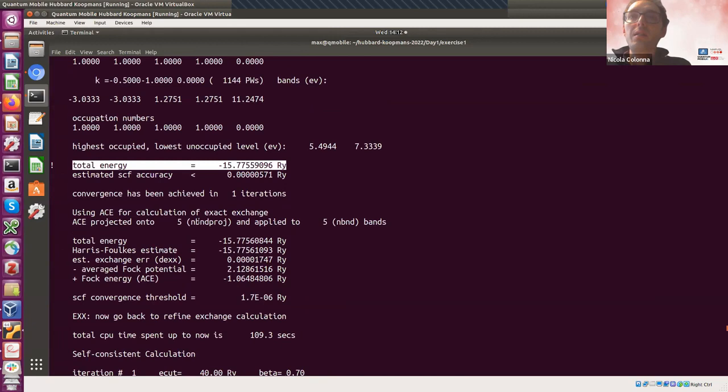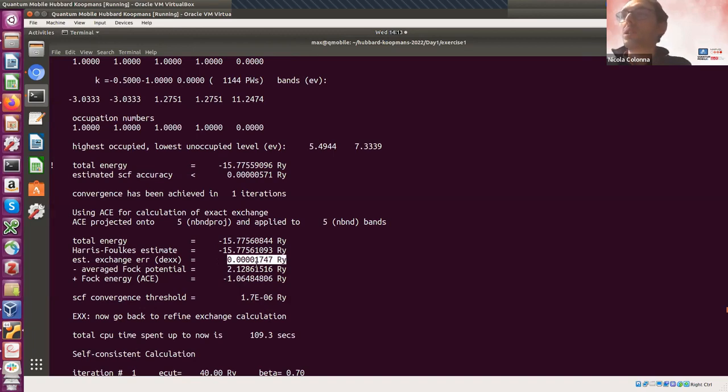And then the code says, now go back to refine the exchange calculation. So in this step, the code computes the new estimate for the ACE potential, updates it, and checks that this estimation of the exchange energy is, in this case, still higher than the threshold, so it's going to do an extra step.